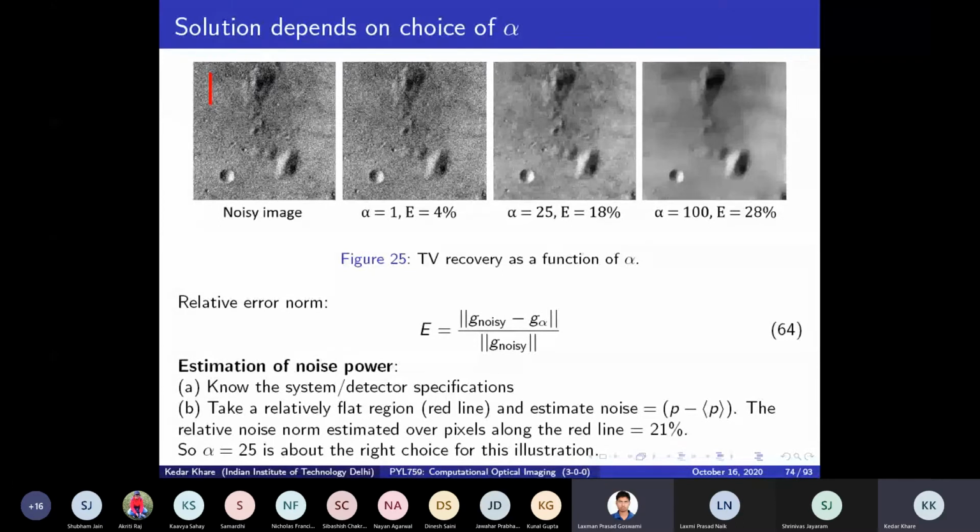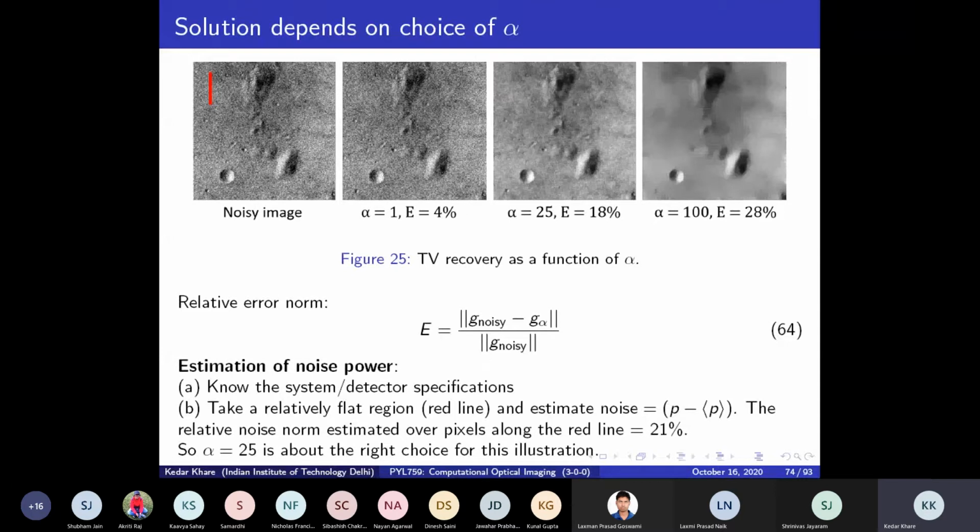Excuse me, sir. How are we identifying that this particular image has noise, and that this alpha 25 is less noisy? No, from the picture, sir? No, no. So what I'm saying is that you want to choose an alpha parameter such that, see, I know by looking at the image that it is noisy.